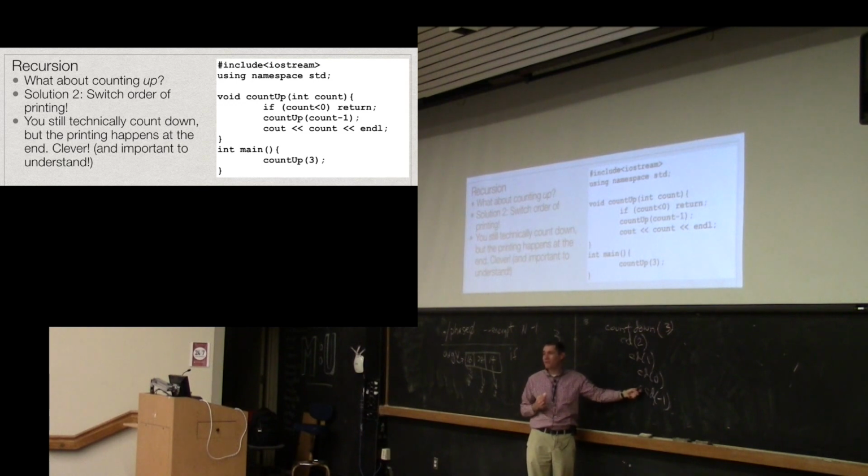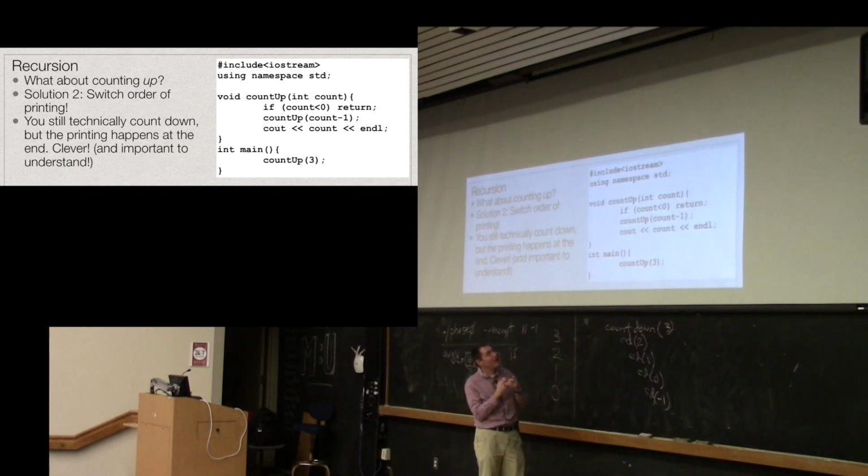But when count up negative 1 says, oh, okay, count is less than 0, it returns to where? Who called count up negative 1? Count up 0 here, then count up 0 returns and ends up here and prints out 0.